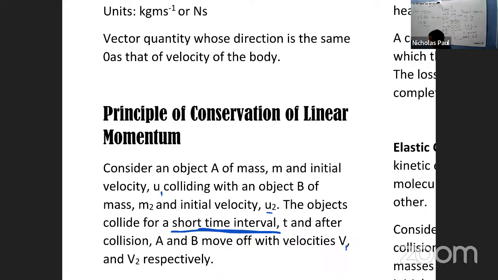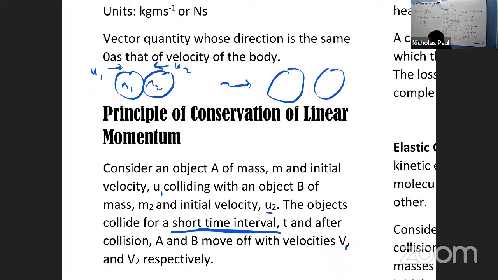All right, so we have two objects colliding. M1 and M2, they collide. One has velocity U1 and one is going this way, U2. They contact each other for a short space of time, and after collision, they move off like this, M1, M2, one with V1 and one with V2.